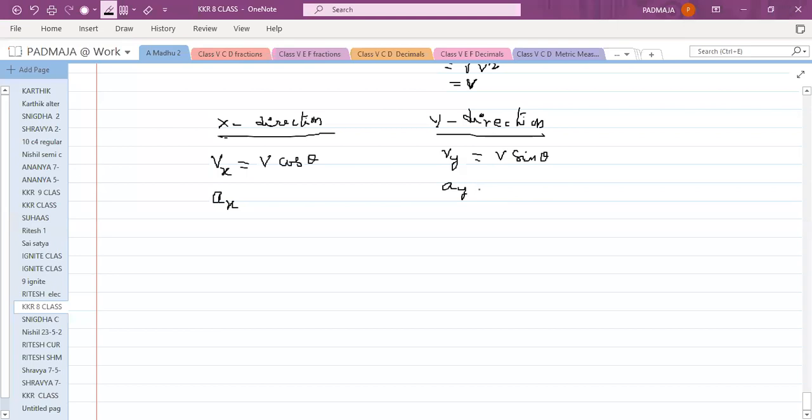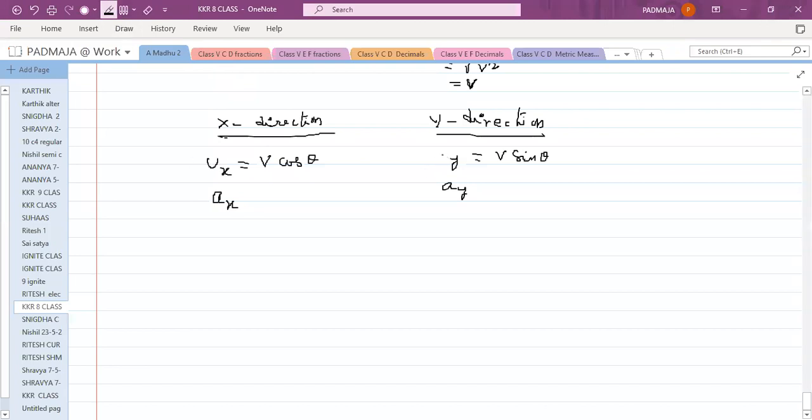Then what is the velocity of the particle after some time t?